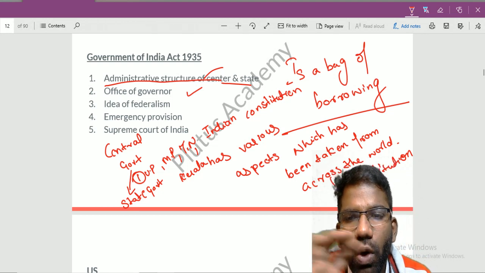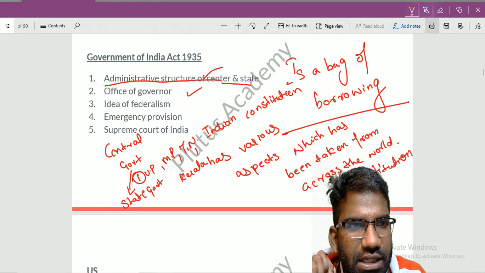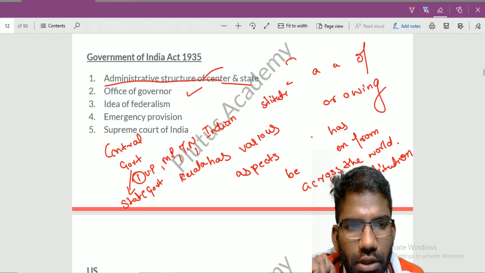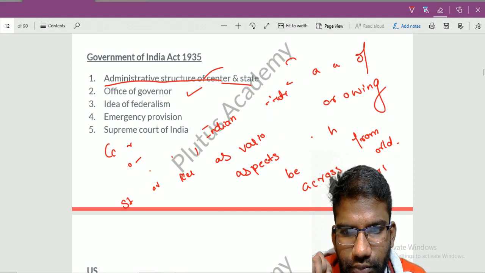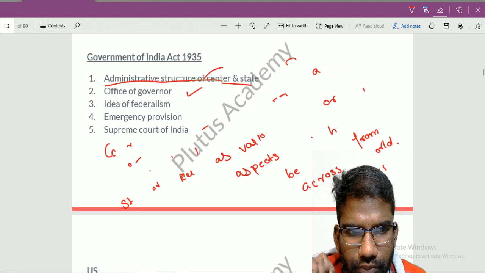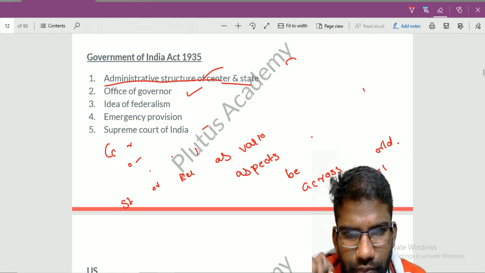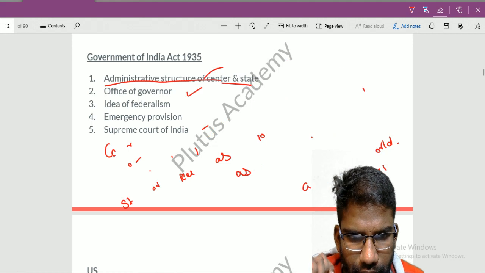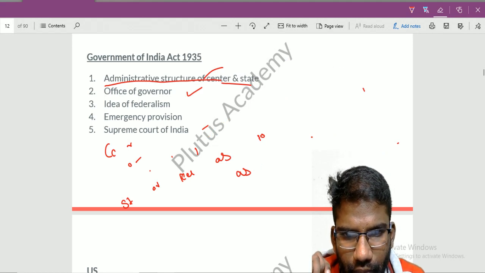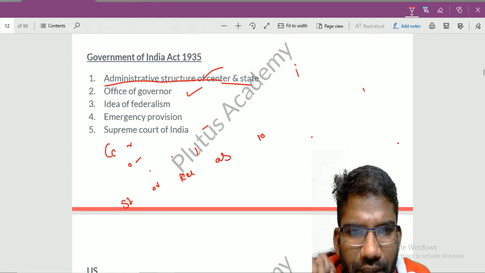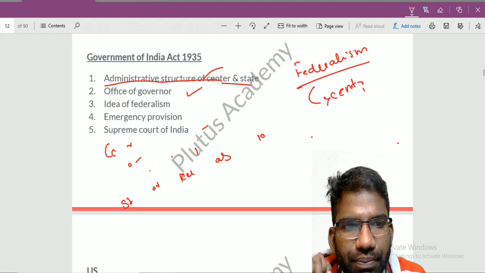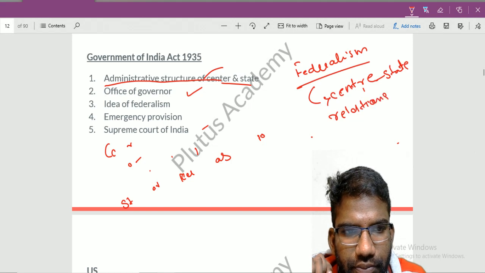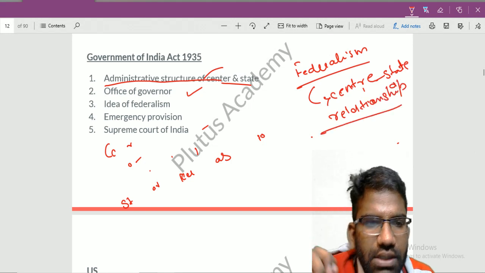Idea of federalism. What is federalism? Federalism means center-state relationship.